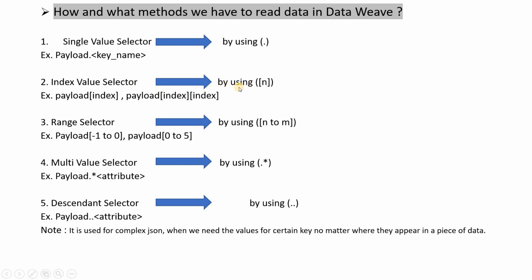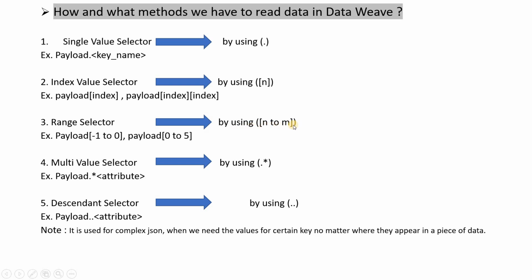For the index value selector, in an array we have to define a particular index, and by using that we can read the value from that particular index. Like payload of index, of index. So this is single dimensional, and this is multi-dimensional. Okay, now coming to the third type, the range selector.